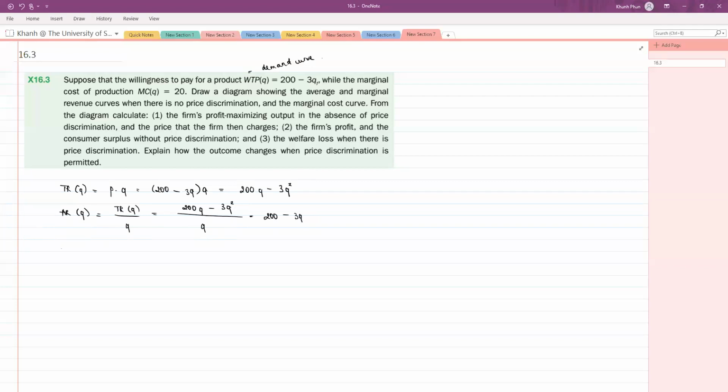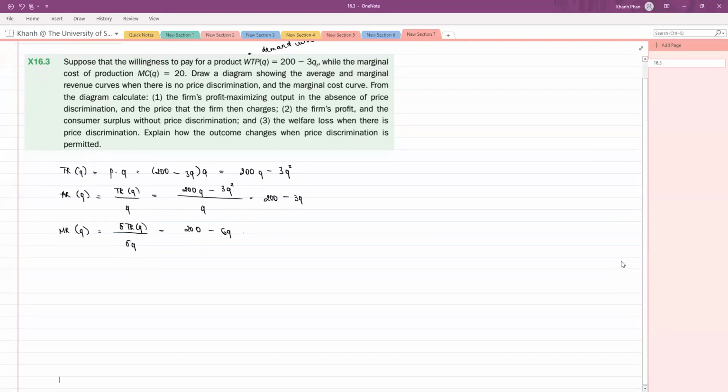And the marginal revenue is just going to be the differential of the total revenue function with respect to quantity. So if I differentiate my total revenue here, I will get 200 minus 6Q. All right, so now I should be able to draw these functions on a diagram together with the marginal cost.